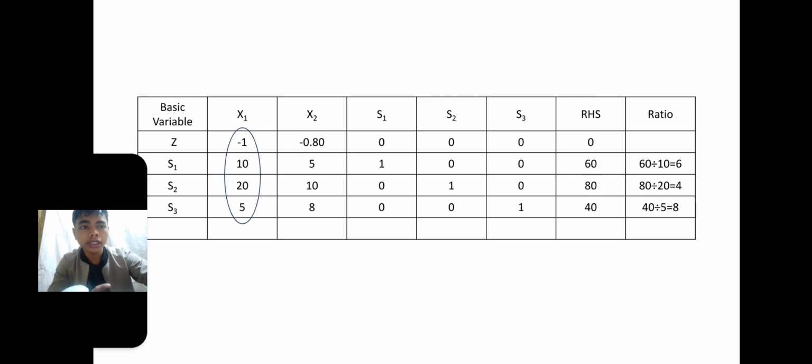Because 4 is the smallest, we'll use it as our key row. And again, the key element is always the one that is connected to both the key column and key row.